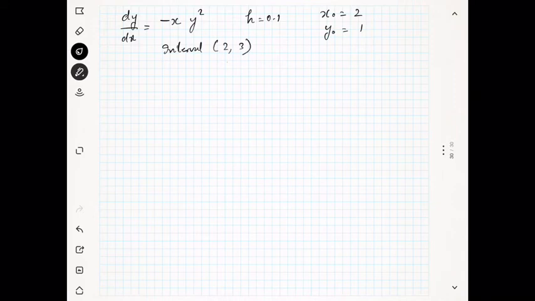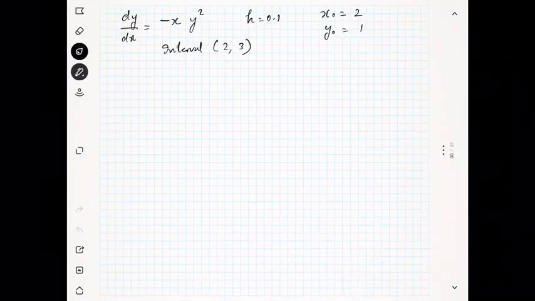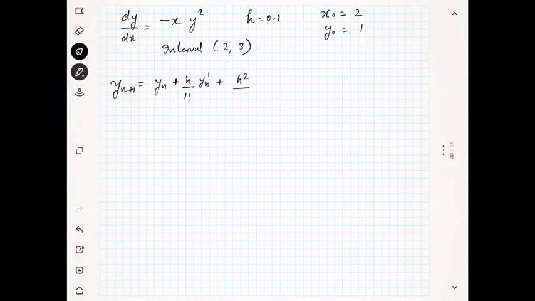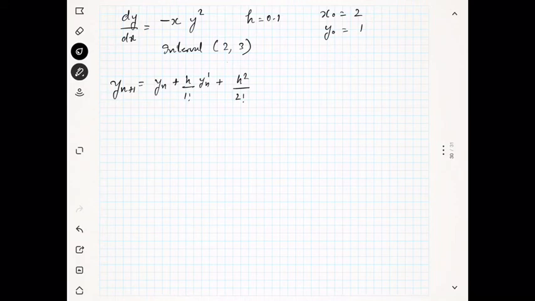First of all, we will find the equation for the Taylor series. We know that the Taylor series has the form yn plus 1 is equal to yn plus h by 1 factorial into yn dash plus h square by 2 factorial into yn double dash.